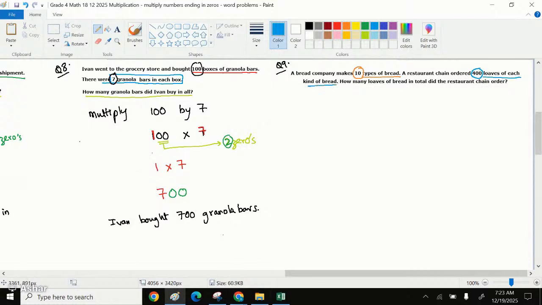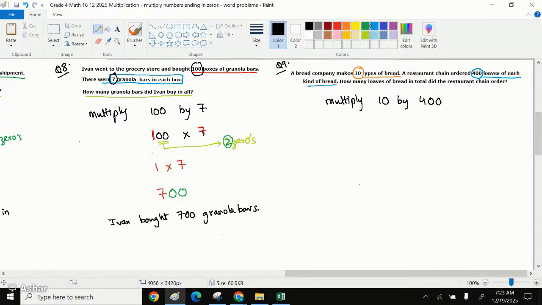If the restaurant is ordering 400 breads of each type, how many loaves were there? There were 10 types. So what we need to do is multiply 10 types by how much they ordered. So they ordered 400, right?